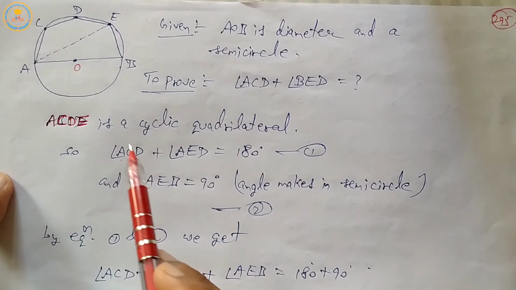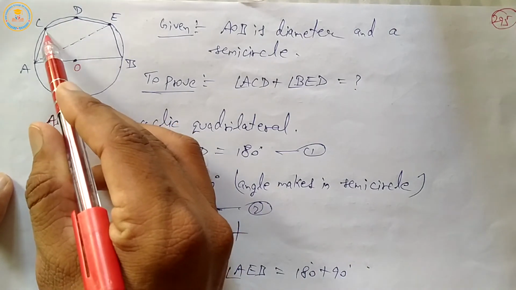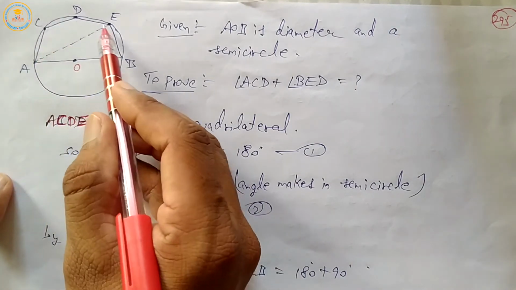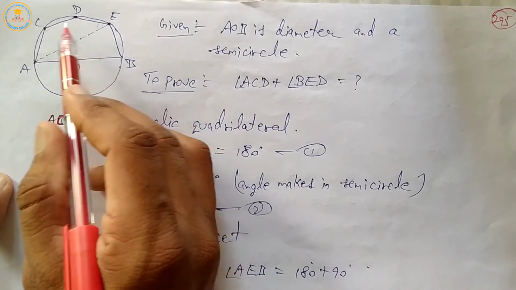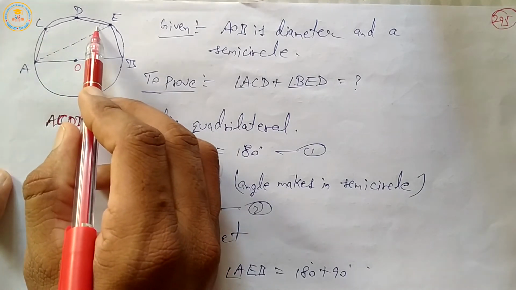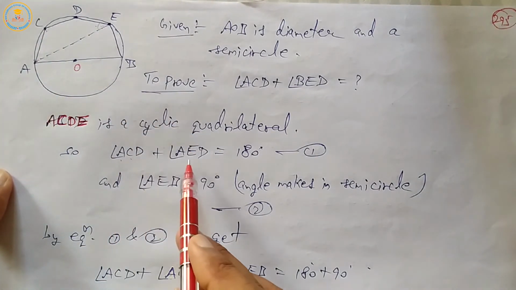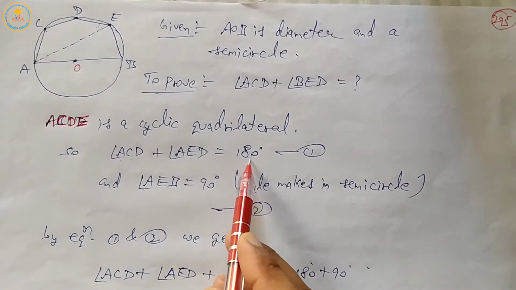Therefore angle ACD, this angle, and angle AED, this angle, are opposite. So angle C plus angle E equals 180 degrees.